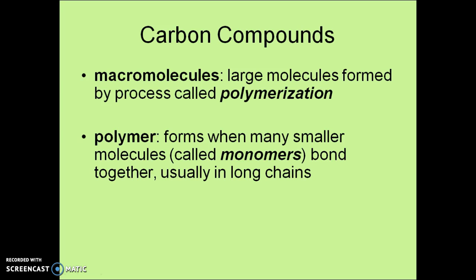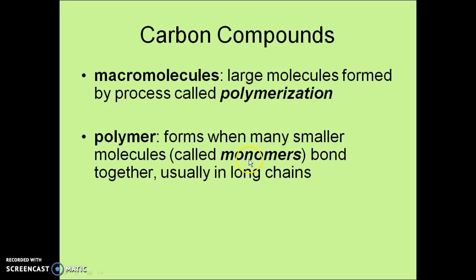Okay. Now, I used the term macromolecules before. If we break down that word, macro means large, so these would be large molecules. Now, they're typically formed through a process called polymerization. Polymerization is when you take many small molecules, which are called monomers.